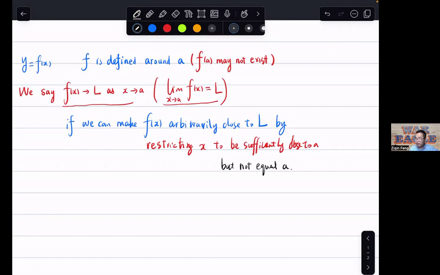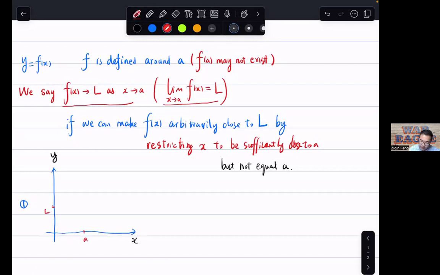So let's see some pictures to see what's going on here. First example, if you have a function like this, this is what happens in many situations. This is our x-axis, y-axis. We have a value A here, and we have a limit L here.